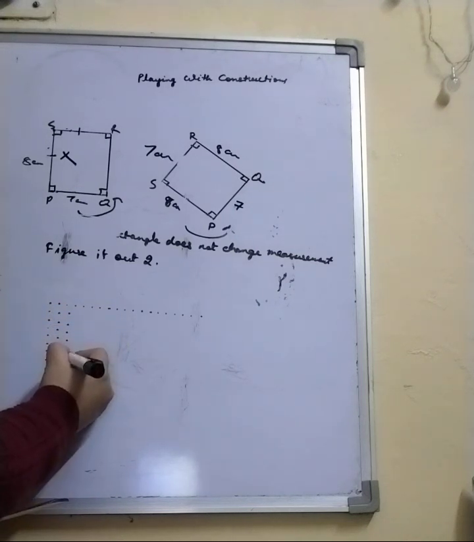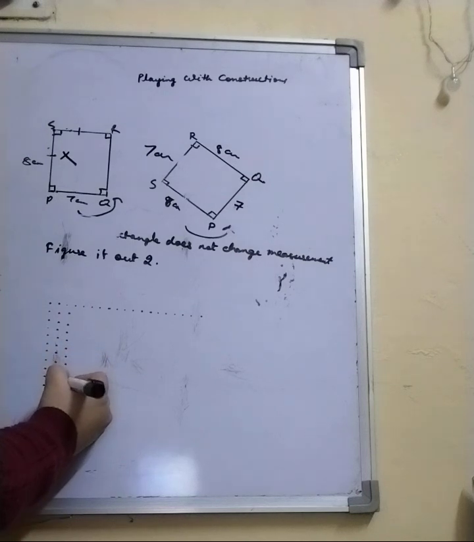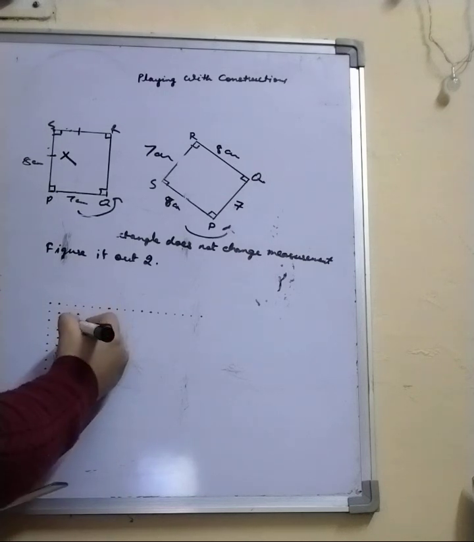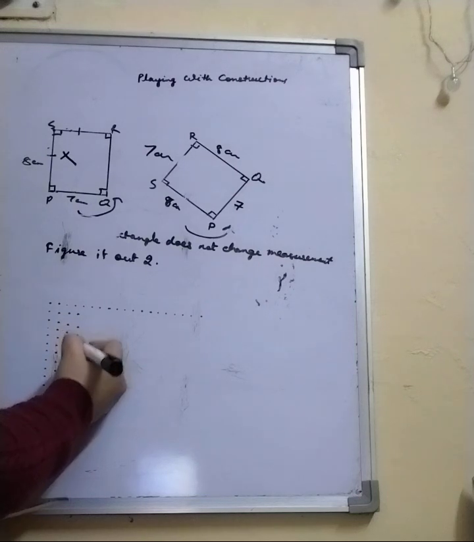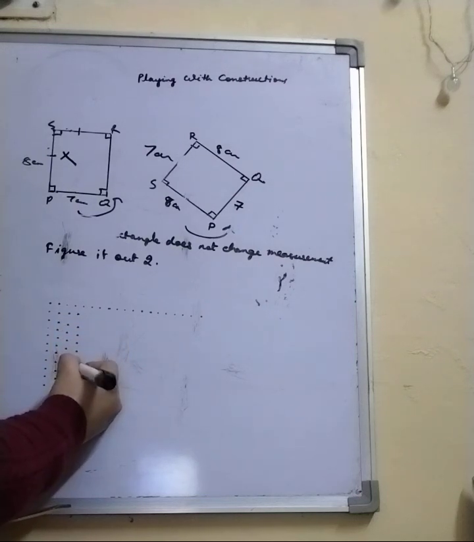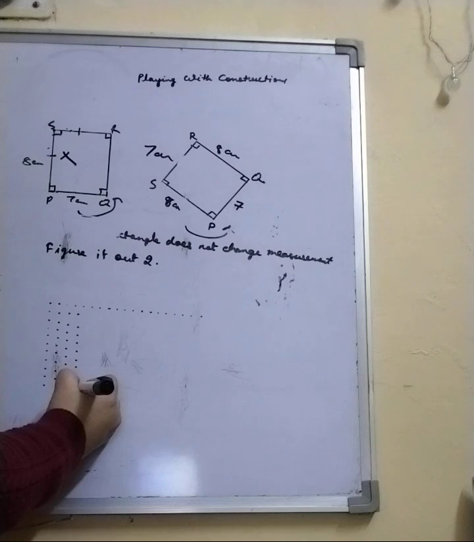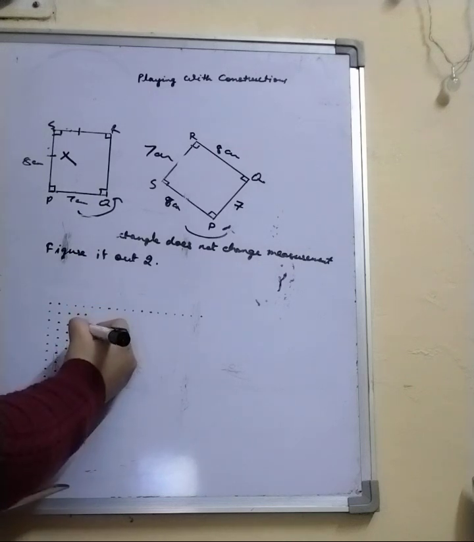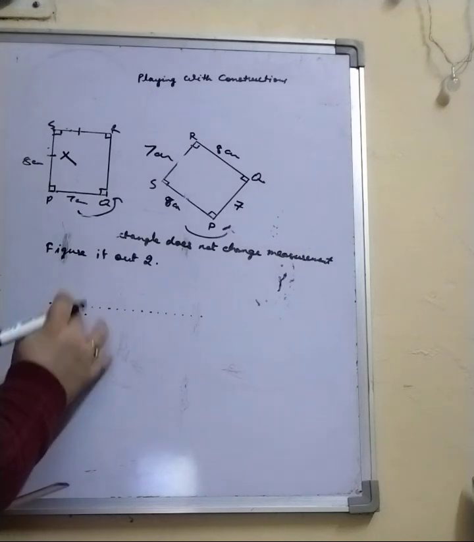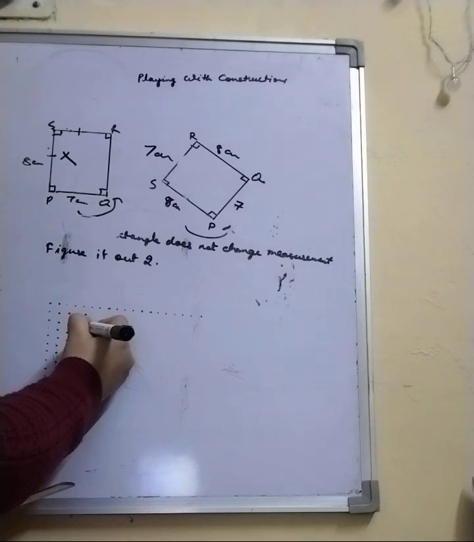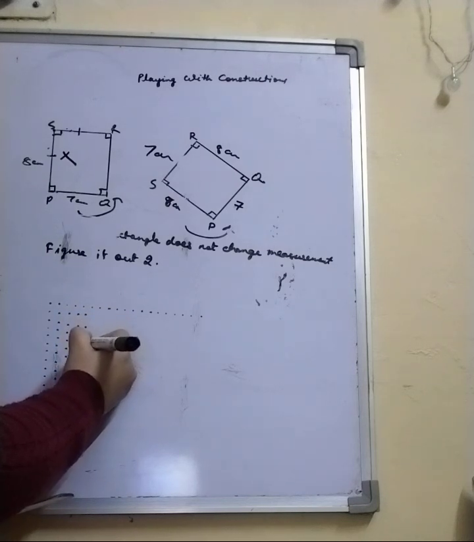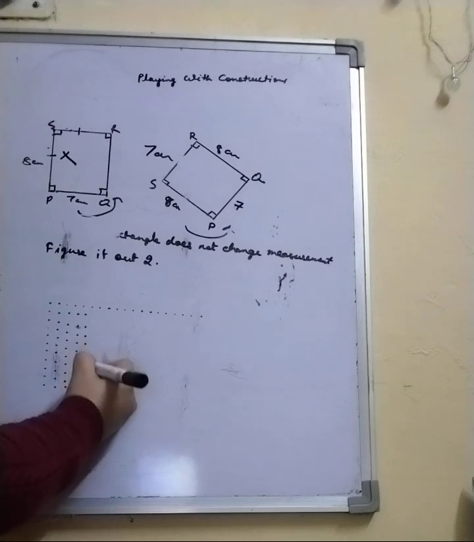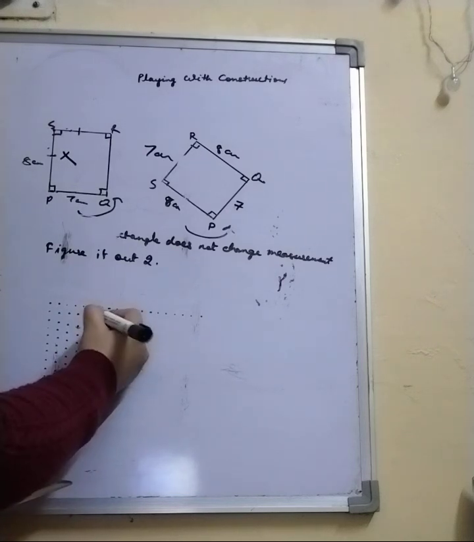So you have dot paper, so you can directly start with drawing the rectangle. How would you draw the rectangle? Rectangle should be drawn using ruler with opposite sides equal to each other and the angles should be 90 degree.